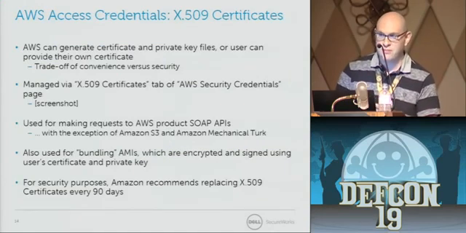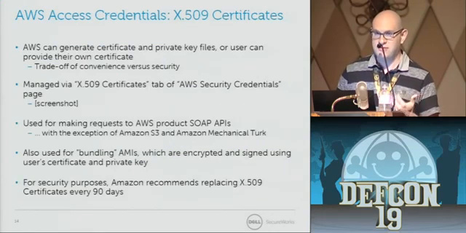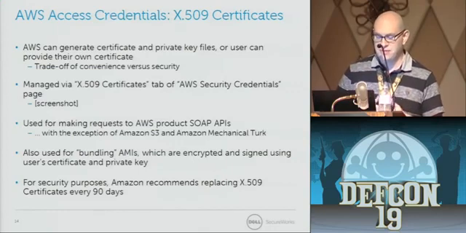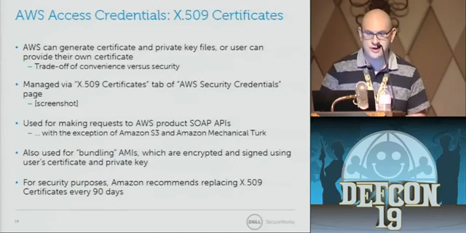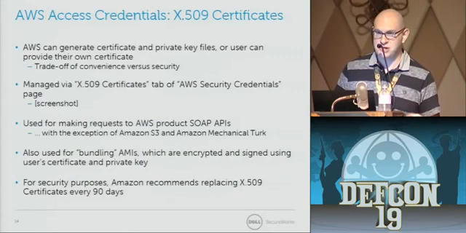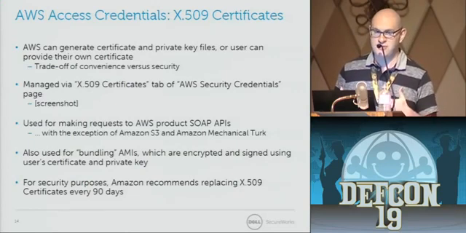Another important credential is X509 certificates. So in many parts of Amazon Web Services, you use a certificate and private key to access or to sign your images, to bundle images. These are, again, managed through Amazon's Web Services console, but you also can do some of this with APIs. You can generate your own certificate or private key, or you can provide your own certificate. This is sort of a trade-off of convenience versus security. Either you let Amazon generate the secret key for you, or you do that on a system.